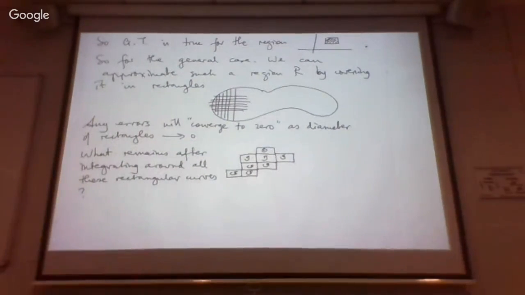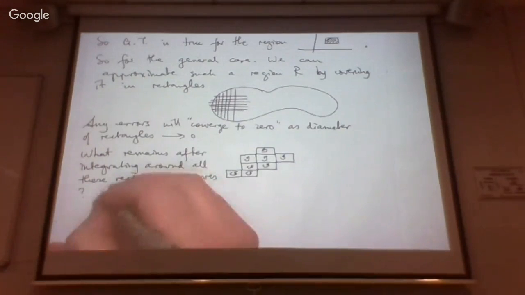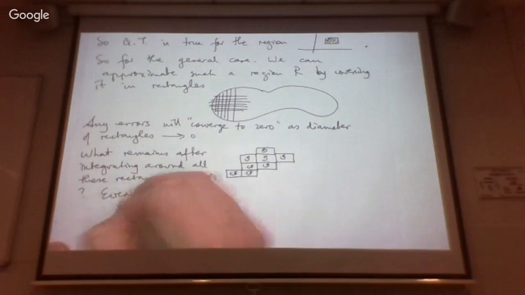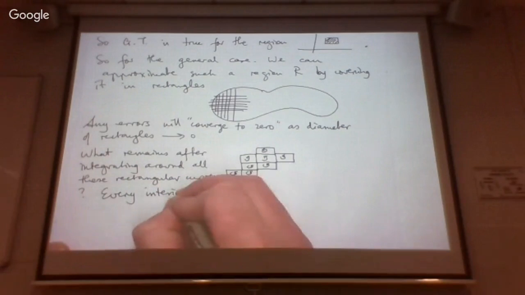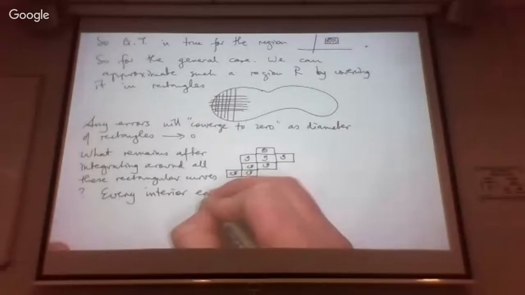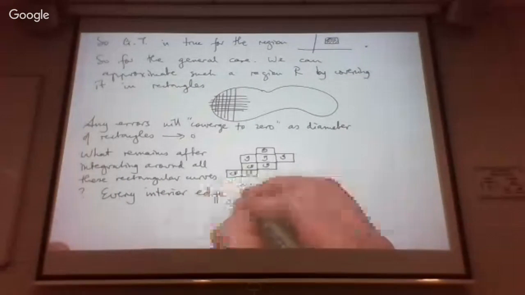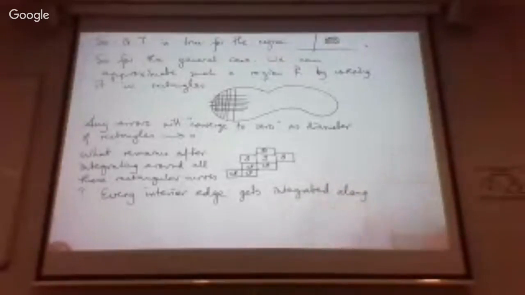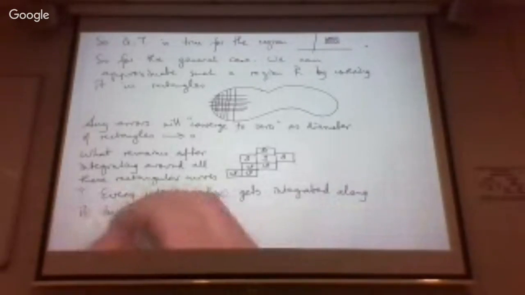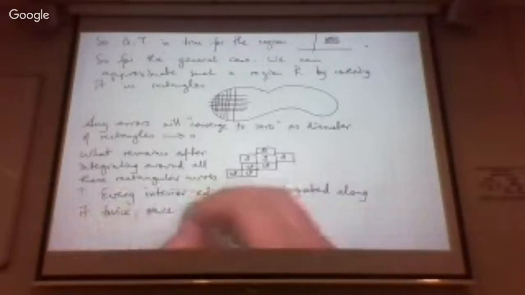So every interior edge gets integrated along twice, once in one direction and once in the opposite direction.